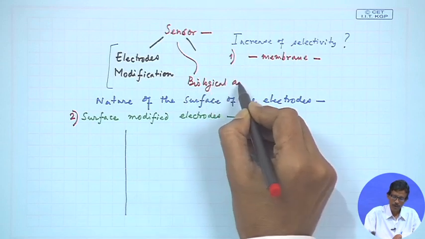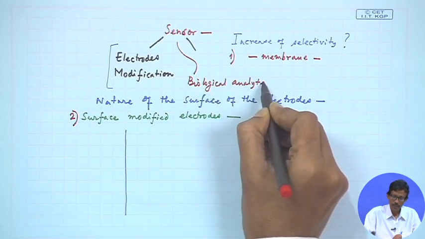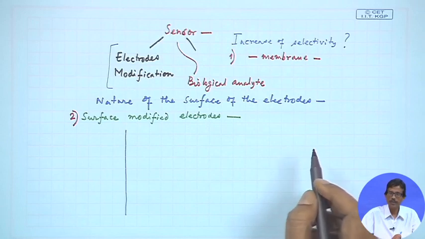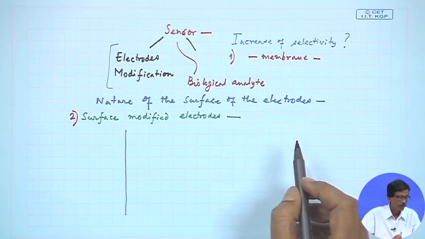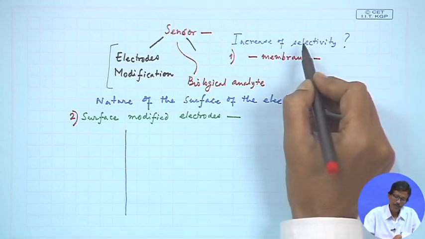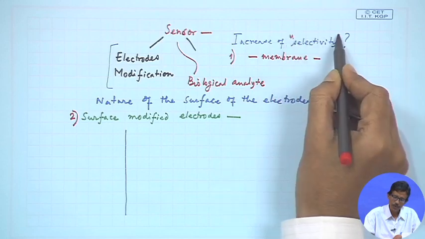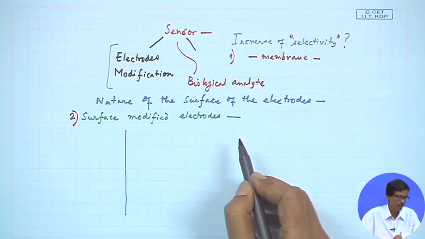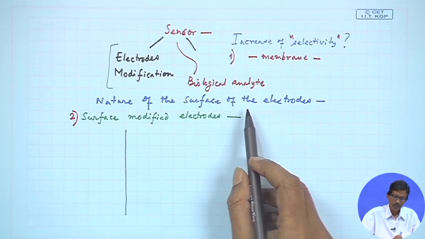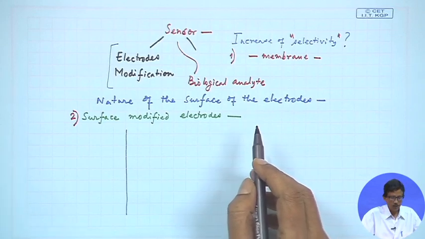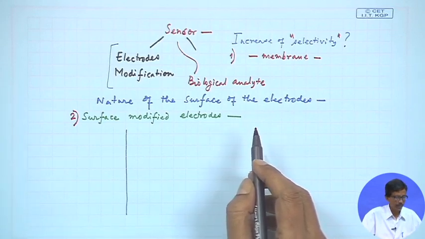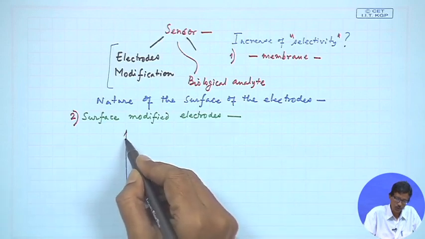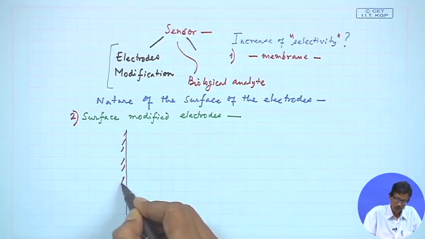We will see how to handle biological analytes. A biological analyte should have good selectivity in its reaction with the electrode, so we get that modification on the electrode surface.